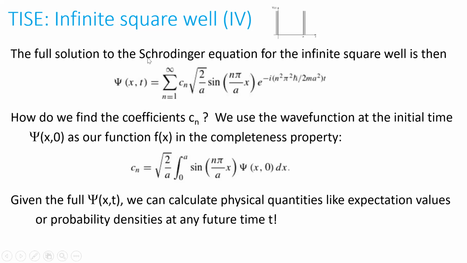And then we've looked at how we can handle the general problem of finding the full solution to the Schrodinger equation by finding these coefficients Cn from the initial wave function at time 0.